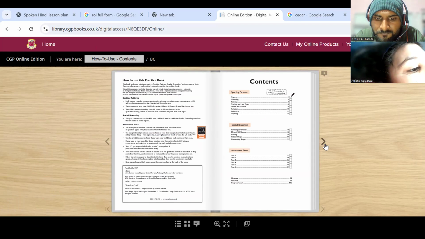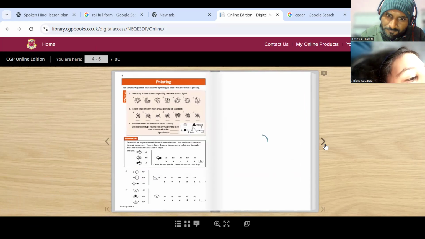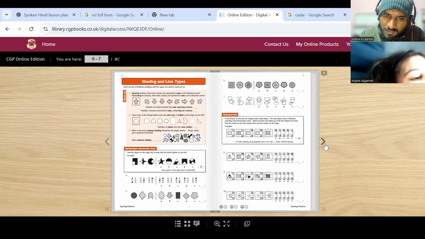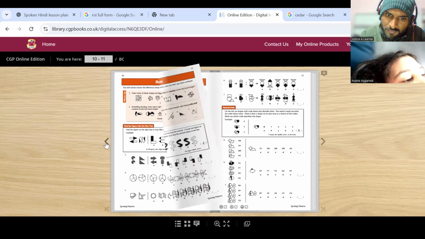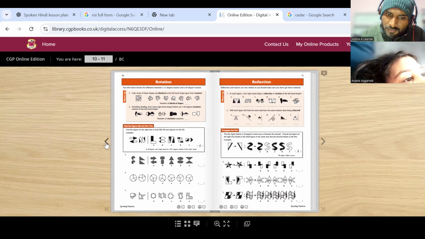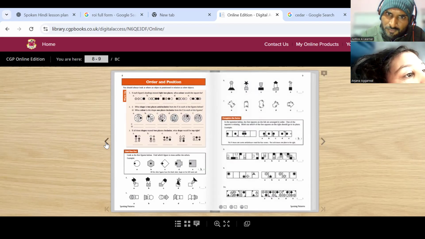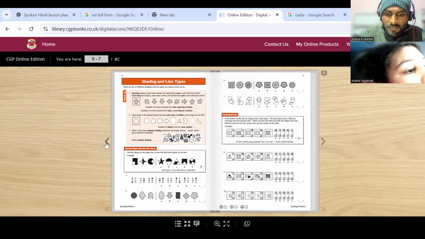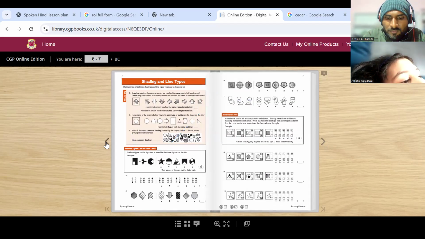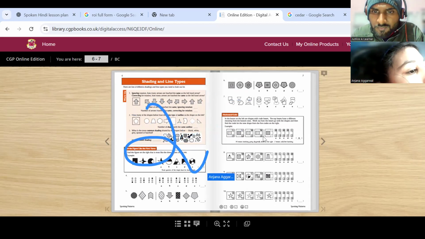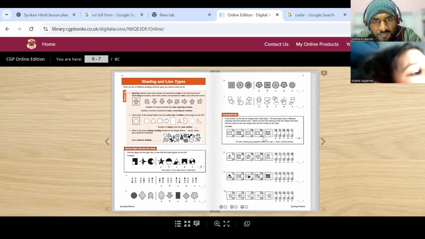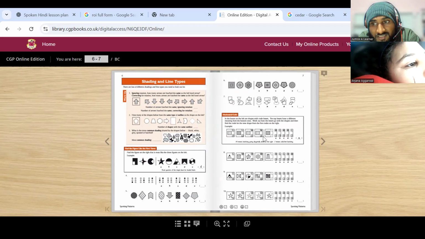Shading and line. No, wait. Back. This one. Yep, and the next one. There are two homeworks you gave. This one and the next one. All right. Okay, so firstly, shading and lines, let us discuss.